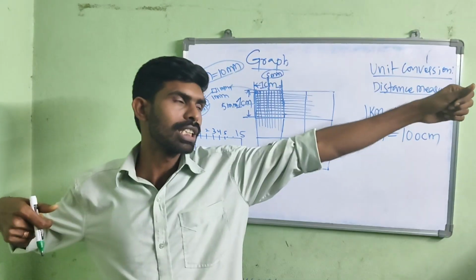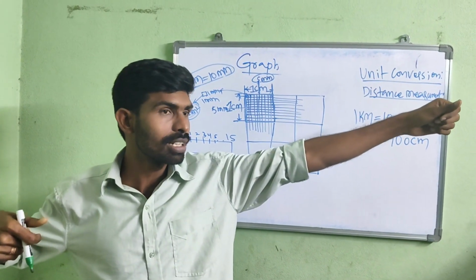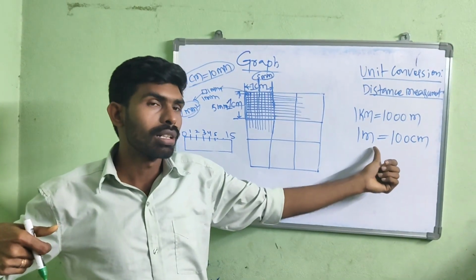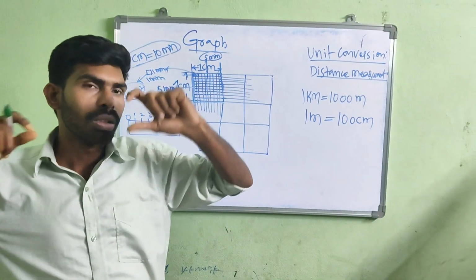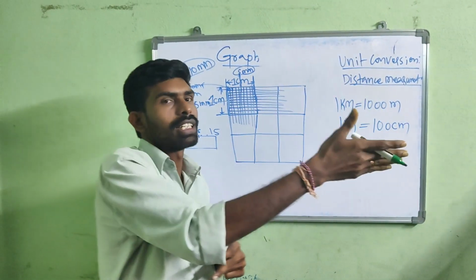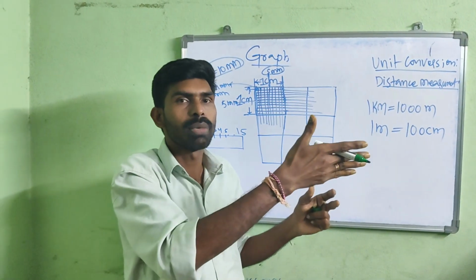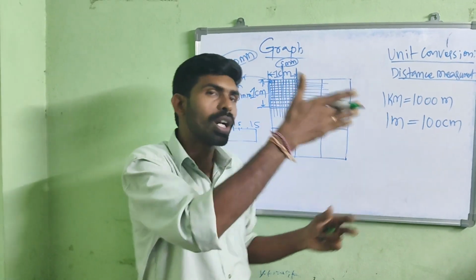That is normally in meters. So 100 centimeters is 1 meter. If you have a 30 centimeter scale, 30, 30, 30, 90, and then 10 centimeters, that will form 100 centimeters. 100 centimeters is nothing but 1 meter.